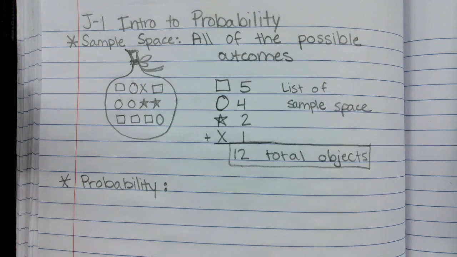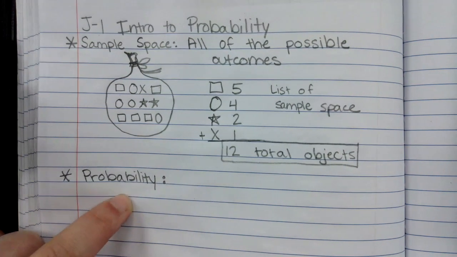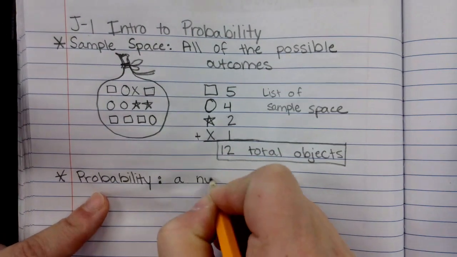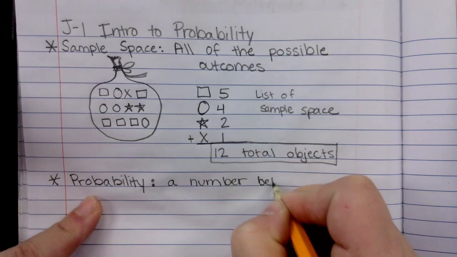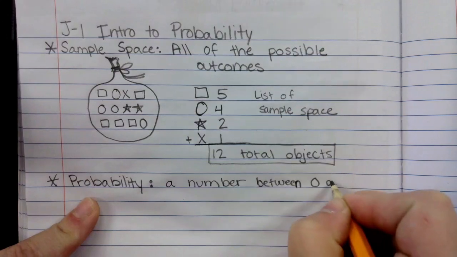Probability is a number between 0 and 1 to represent how likely an event will happen.